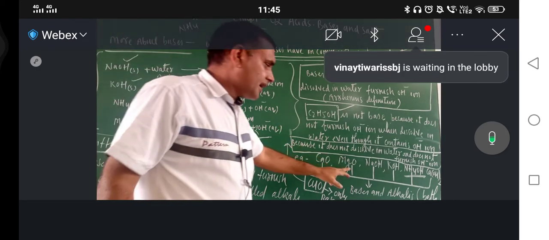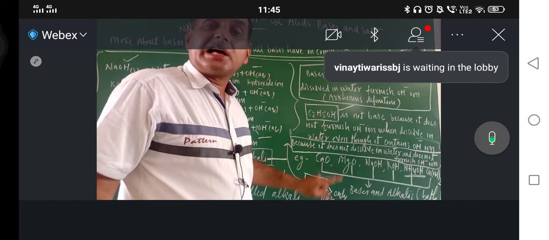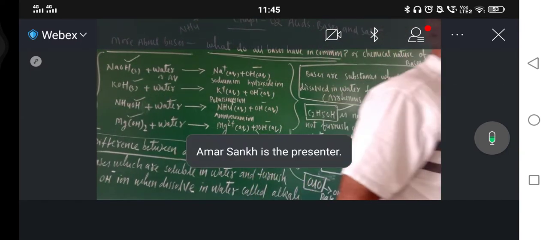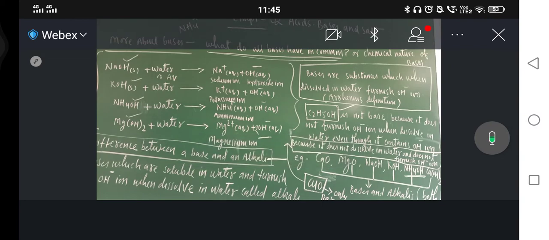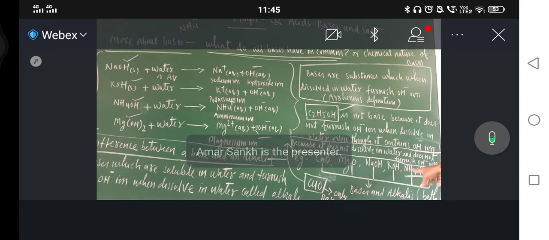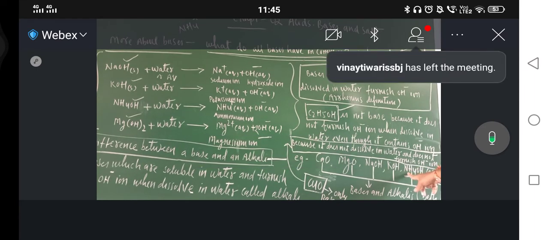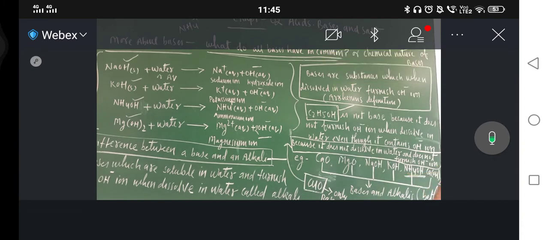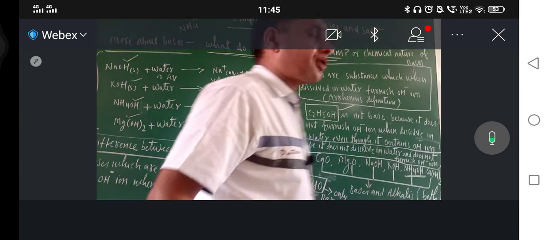So in the same way, what is the rule here? Metallic oxides and metallic hydroxides are basic in nature. But ammonium hydroxide is a non-metallic hydroxide and it is also basic in nature. So please remember this: ammonium hydroxide is a non-metallic hydroxide.